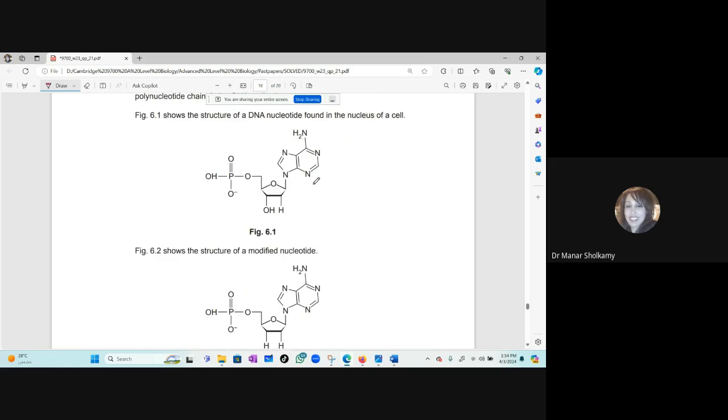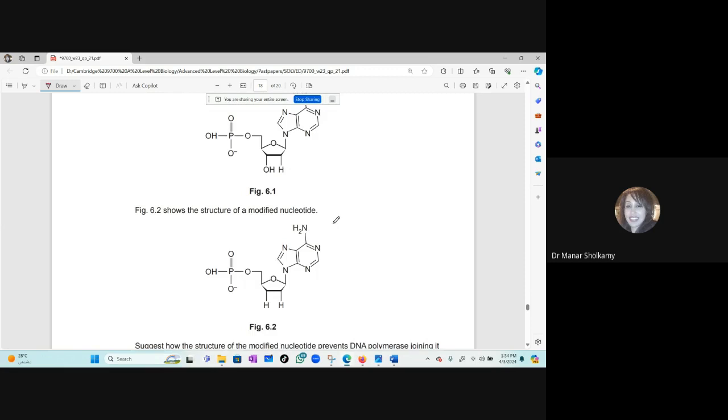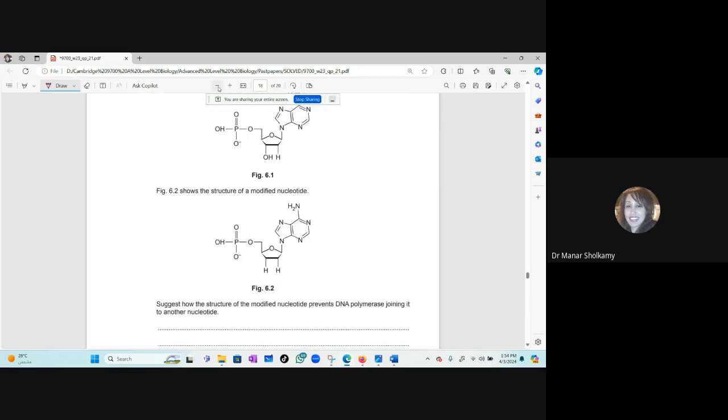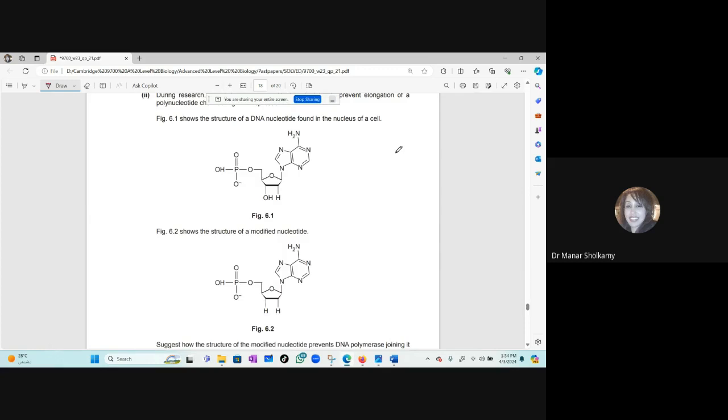Okay, we already know this. Figure 6.2 shows the structure of a modified nucleotide. There's a modification. What's the modification? Did you notice it? Where's the modification? What's the difference from this to this?